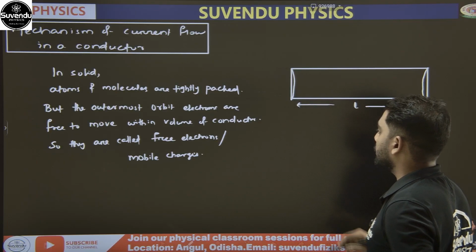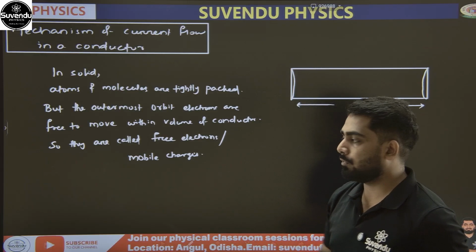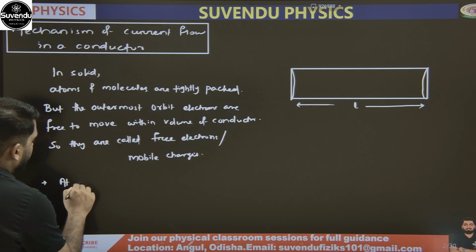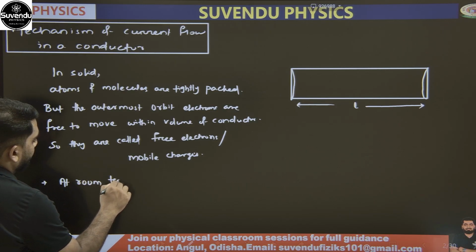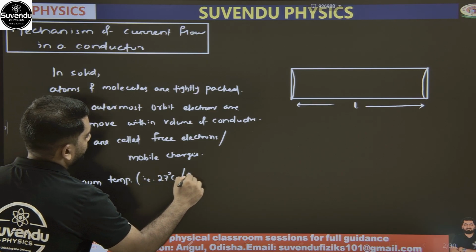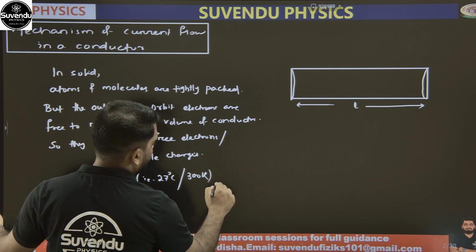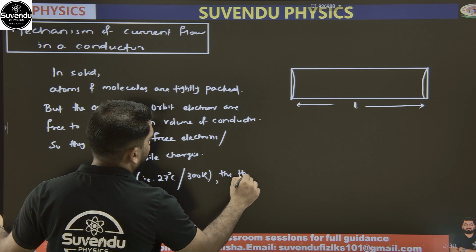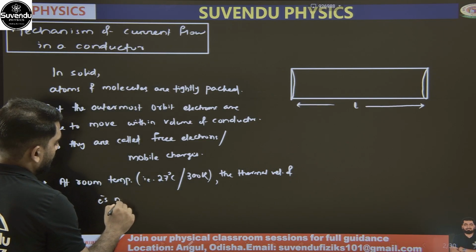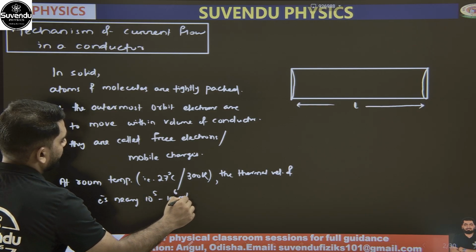Now this is a current carrying conductor, but it is not connected with a battery or cell. So what is going on actually? Remember, at room temperature, that is 27 degrees Celsius or 300 Kelvin, the thermal velocity of electron is nearly 10 to the power 5 to 10 to the power 6 meter per second.